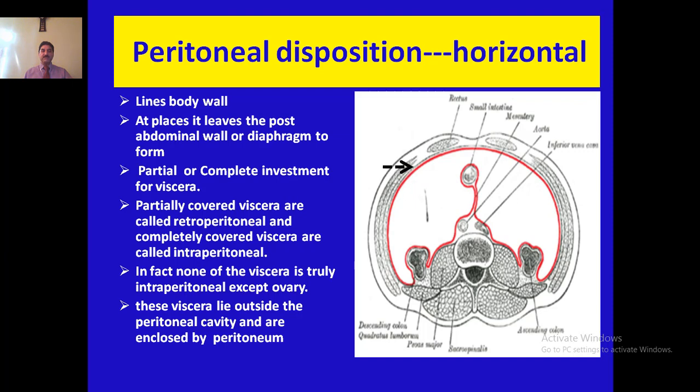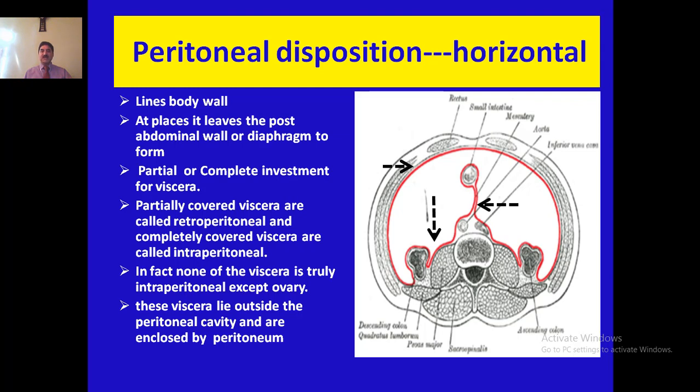intraperitoneal. As shown in this diagram, peritoneum lines the body wall, leaves the posterior abdominal wall to form a double-layered fold of the peritoneum called mesentery in case of small intestine. Some of the viscera are partially covered, such as ascending and descending colon.